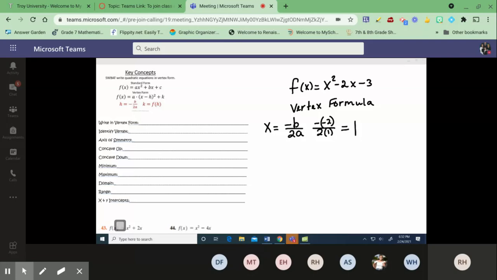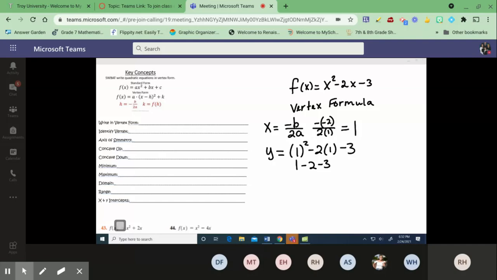How can I find out what my y is? Well, I have y equals x squared minus 2x minus 3, and do I have an x? Yeah. So I'm going to plug it in. I'm going to say y equals 1 squared minus 2 times 1 minus 3. So I've got 1 minus 2 minus 3.